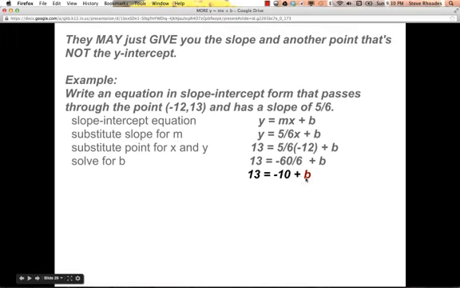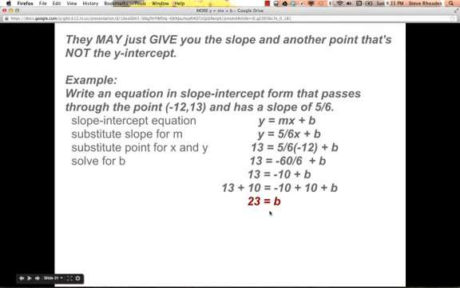Now again, we want to solve this for b, so we've got to isolate b over here, which means get rid of the -10. So we'll add 10 to this side, which means we also have to add 10 to the left side. So you finally come up with 23 is equal to b. Again, the -10, the +10 cancel.